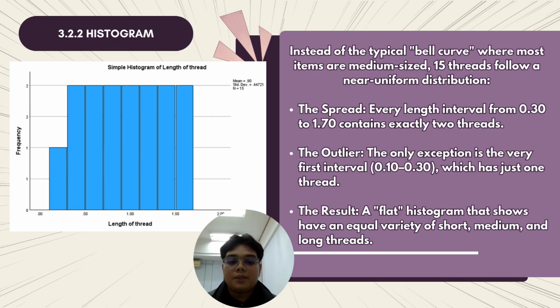The only exception is the very first interval, 0.1 to 0.3, which has just one thread. As a result, the flat histogram shows an equal variety of short, medium, and long threads.